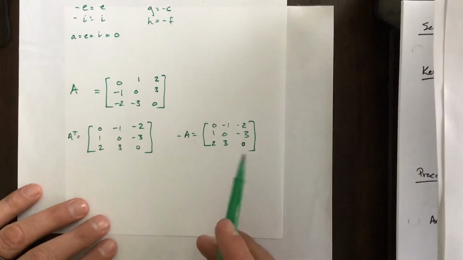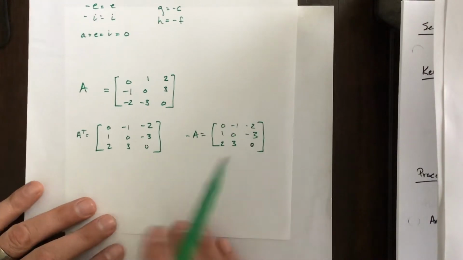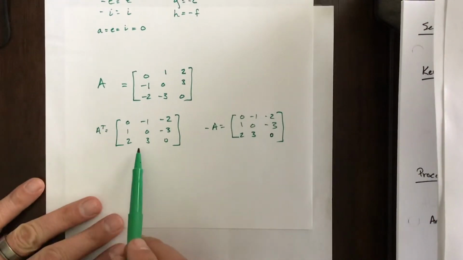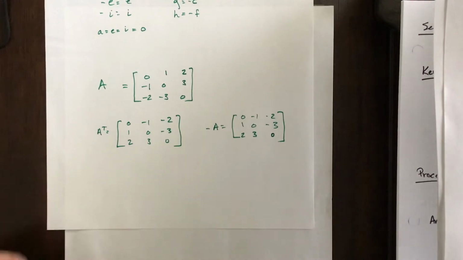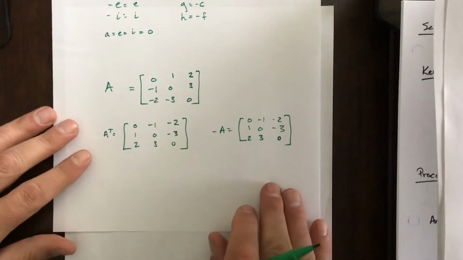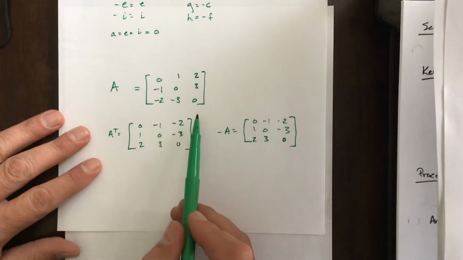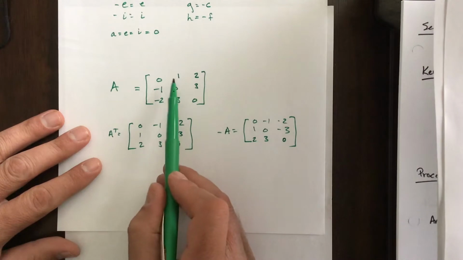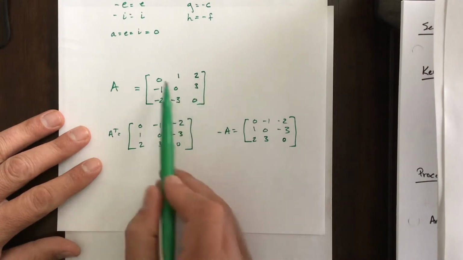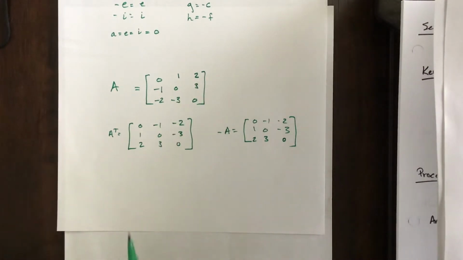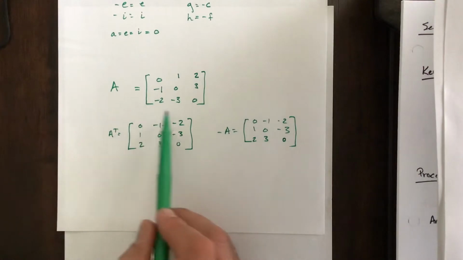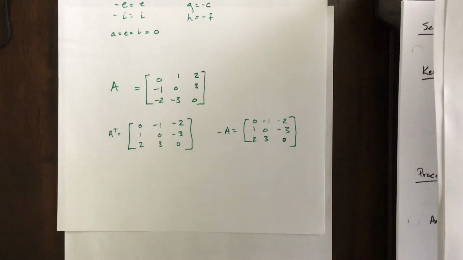You would see that the matrix for negative A is equal to the same matrix that you'd get if you took the transpose of A. So, in other words, a skew symmetric matrix is 0 along the diagonal, and the entries in the upper triangle are the opposite sign as the entries in the lower triangle.